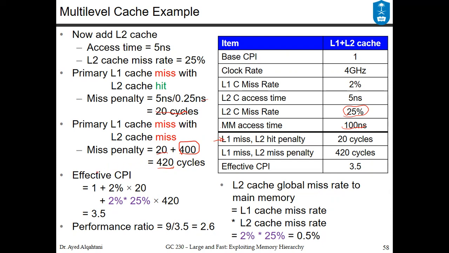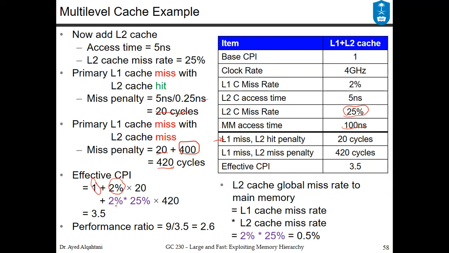And at this point, you can calculate the effective CPI, which is 1, the ideal, plus 2%, which is the miss rate of the level 1 cache, times the cycles that you will pay, your penalty, if you didn't find it at level 1 and you find it at level 2 cache. So that's 20.